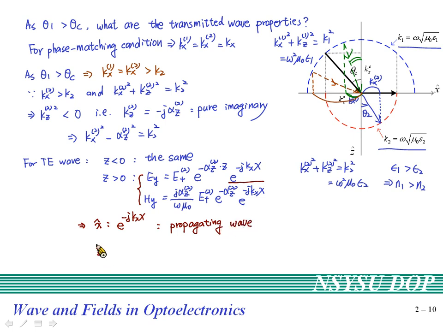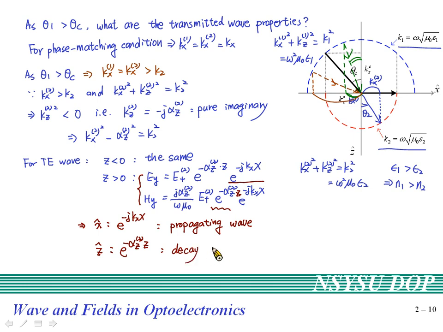But in the z direction, the wave property is exponential minus alpha z2 z. Sorry, here I missed z here. And as we know, this kind of function represents a decay function.